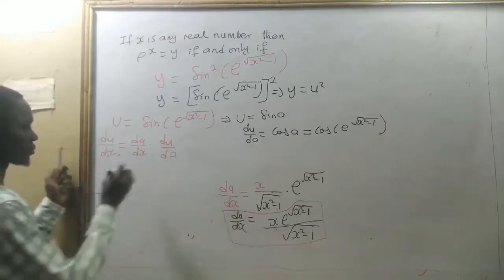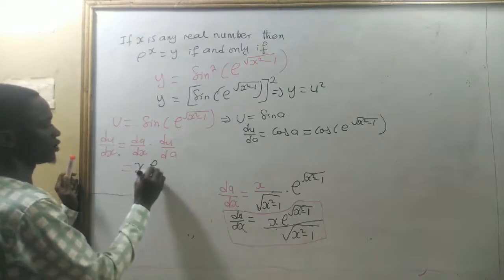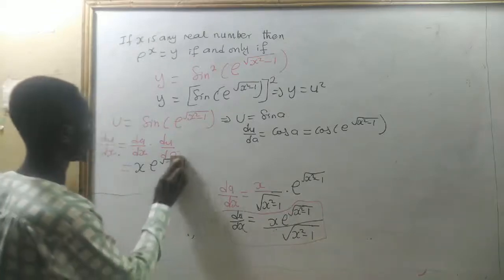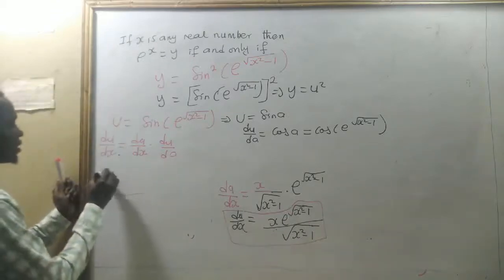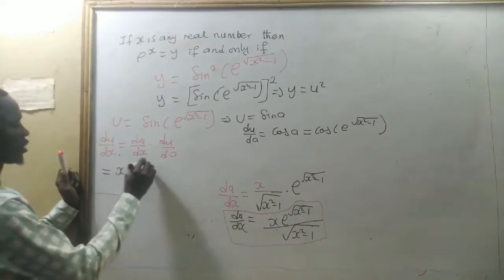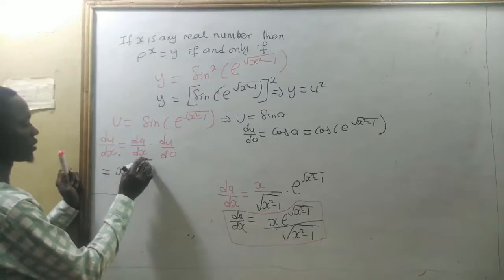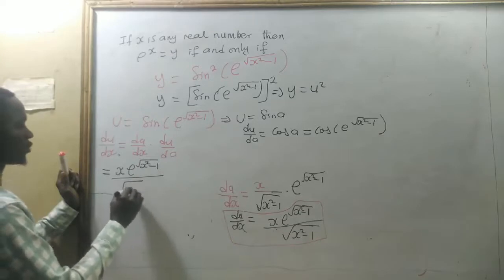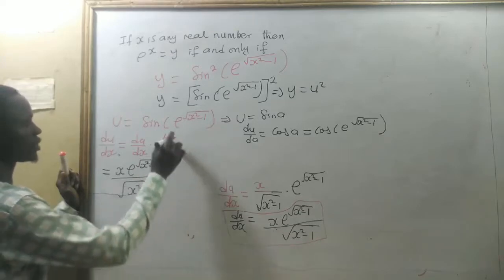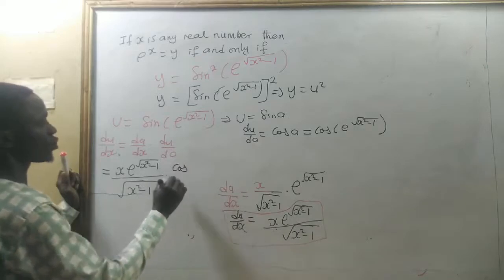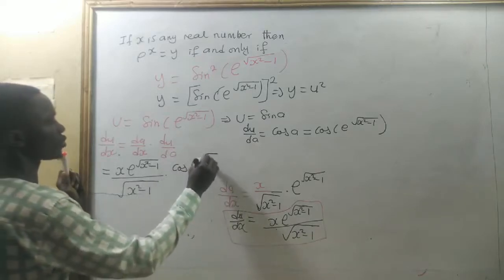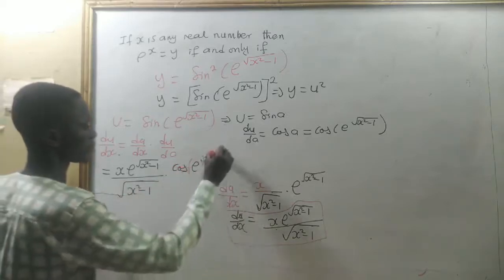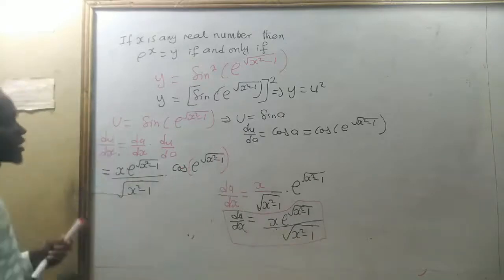And that will give us x times e to the power square root of x squared minus 1, divided by square root of x squared minus 1, times du/dA, that is cosine of e to the power square root of x squared minus 1. That is our du/dx.